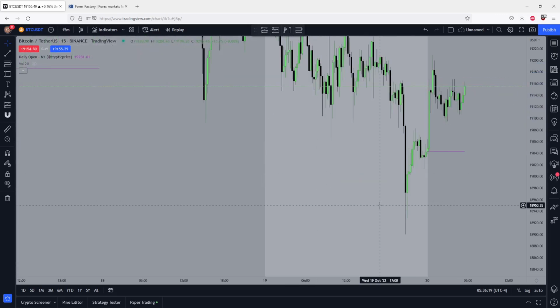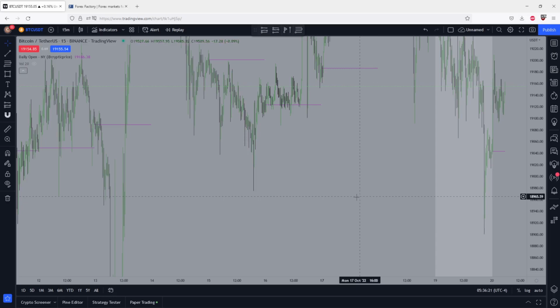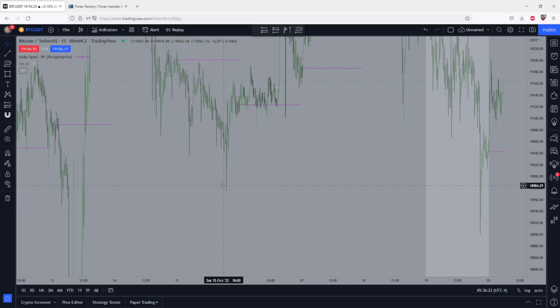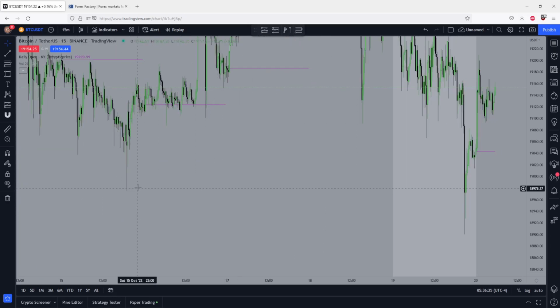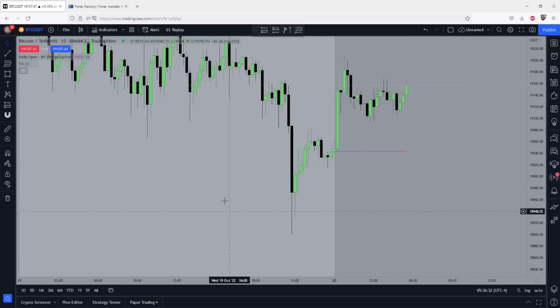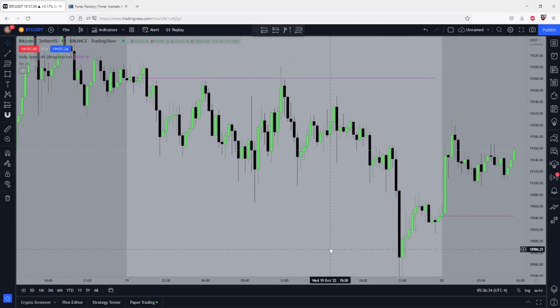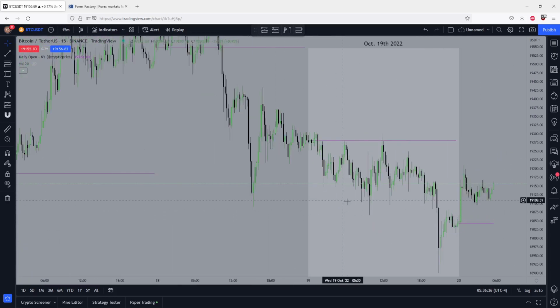And I suspect it even took, right over here, the weekend low, which was formed on Saturday the 15th of October. So price took that out, and that was the market movement for yesterday.